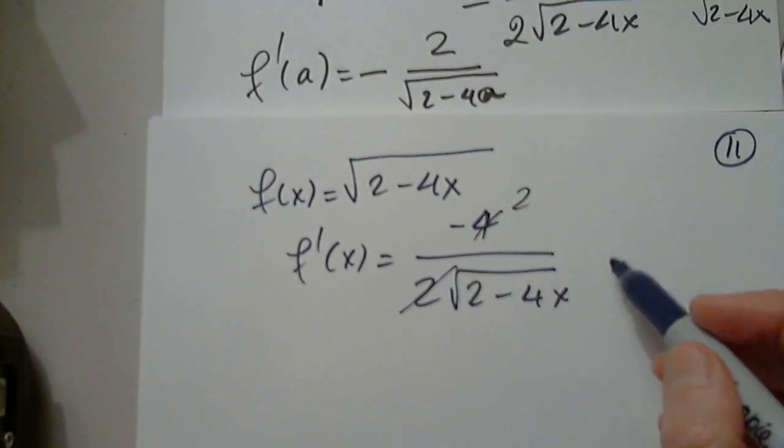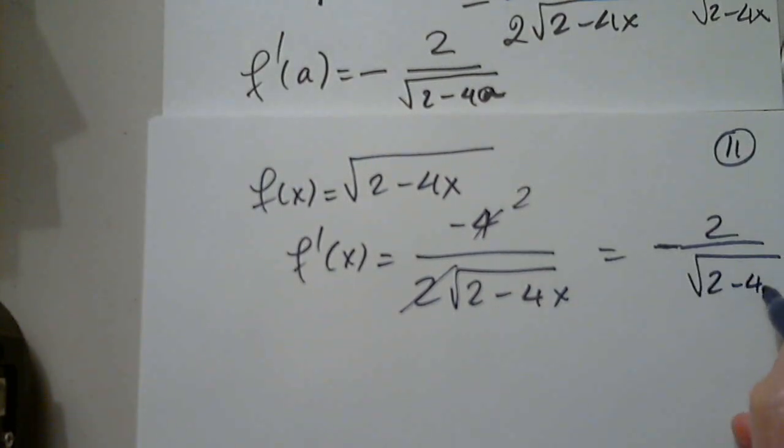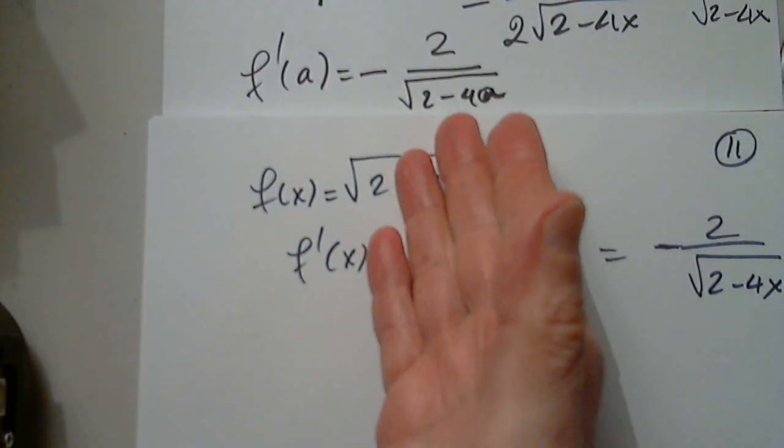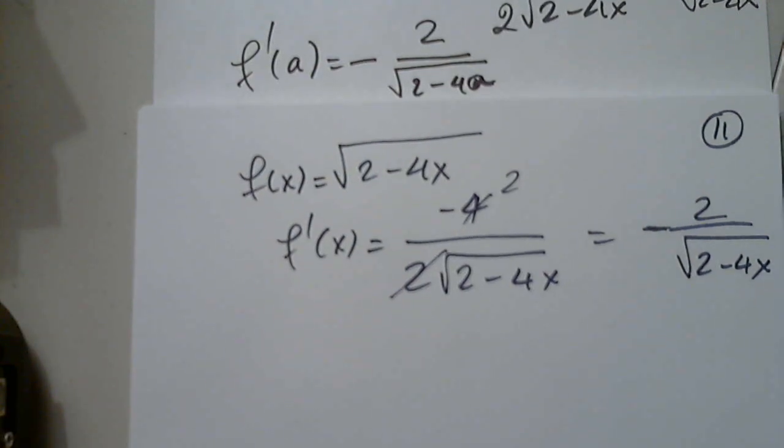I simplify and I get -2 over this. With a or x in it, it doesn't matter. So I checked in one line whether this was correct, because it's very easy to make a mistake with the definition. Very easy. But I have the rules. I will always check my work with the differentiation rules.